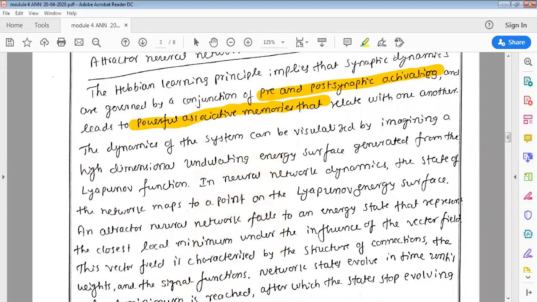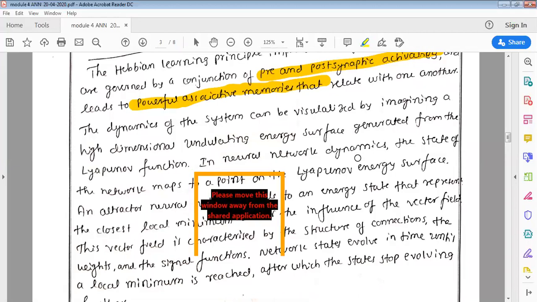So how do you understand this in terms of mathematics? The dynamics of the system, you can visualize by imagining a surface of undulating energy. Undulating means a sinusoidally varying surface.